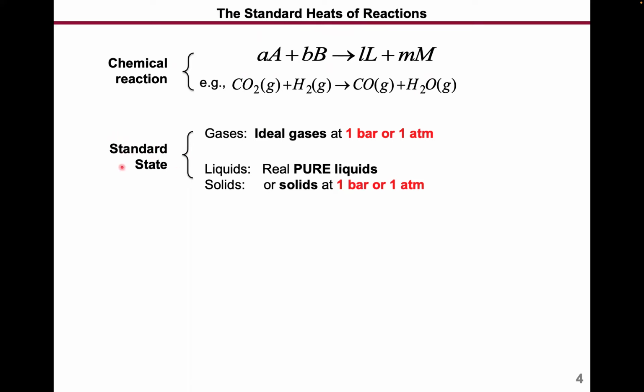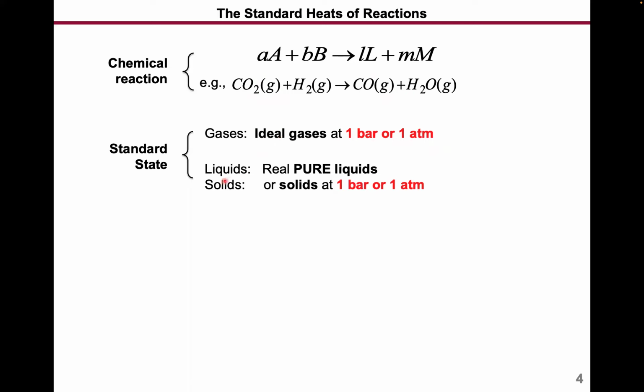Now, by standard state, what we are referring to is that if this reaction involves gases, we mean these gases are behaving like ideal gases throughout the reaction. And usually the standard state is picked at a pressure of 1 bar or 1 atm. So these are the standard state for the gaseous species involved in the reaction, okay?